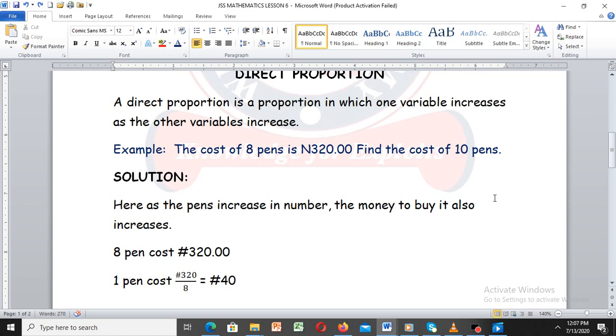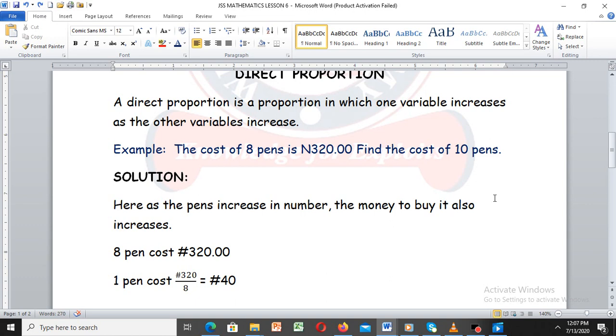A direct proportion is a proportion in which one variable increases as the other variable increases. As a variable is increasing, the other one increases too. If it is decreasing, the other one decreases.